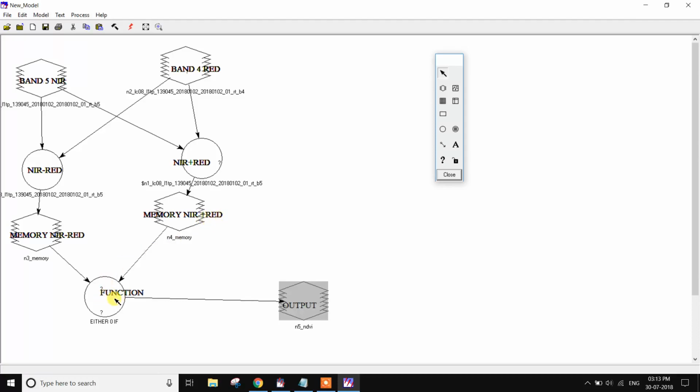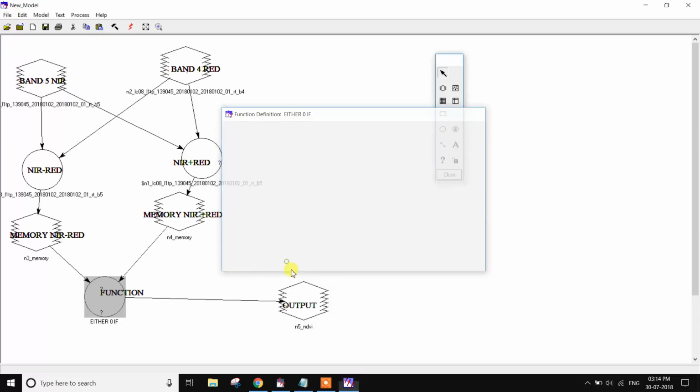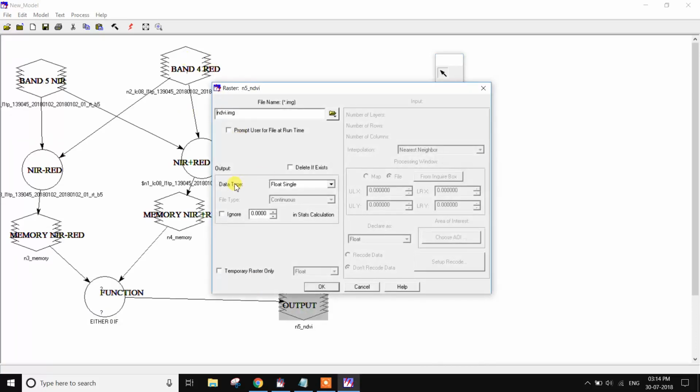There is the function: either 0 if memory 4, near infrared plus red, equals 0.0, or memory near infrared minus red divided by near infrared plus red, otherwise. There is the output and data type.